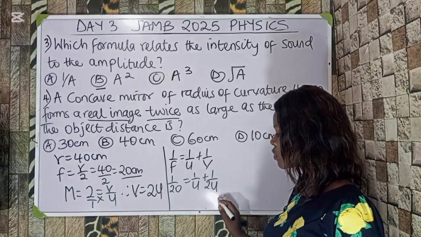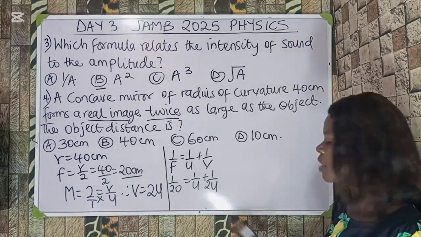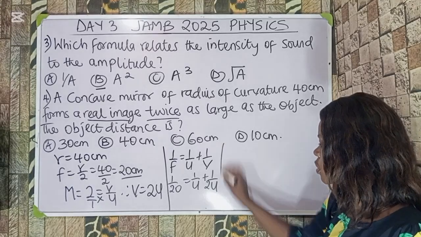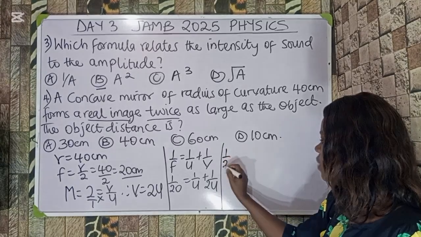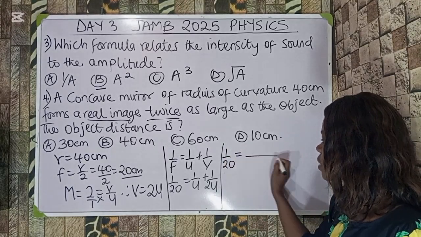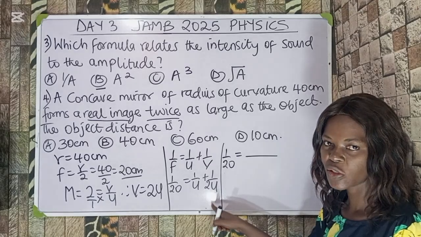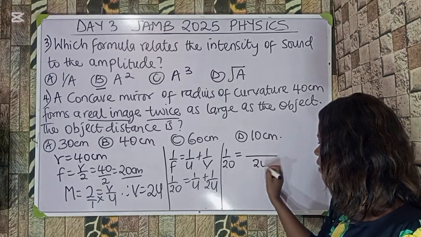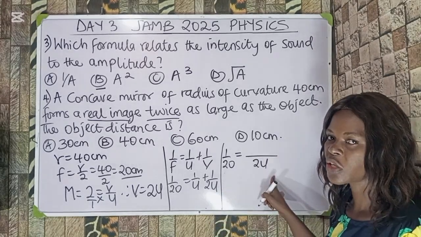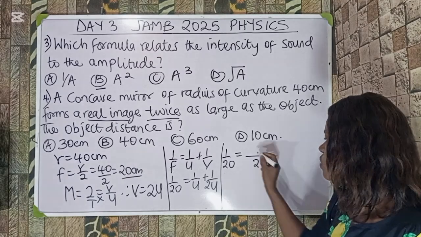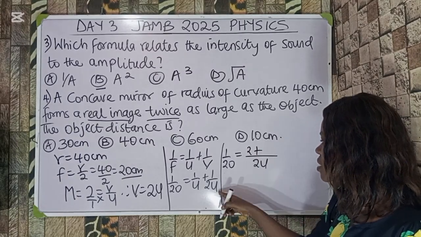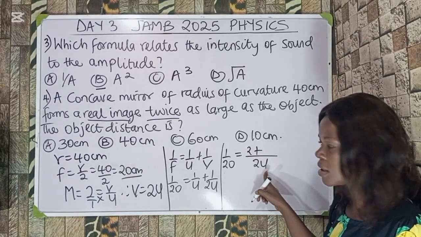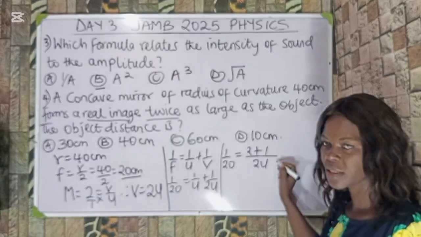Okay, so what are we going to do? Let's find the LCM. The LCM is 2u. So we have 1 over 20 is equal to, my LCM of u and 2u is 2u, right? So u into 2u gives me 2, 2 times 1 is 2, plus 1 times 1 is 1. Is that clear?